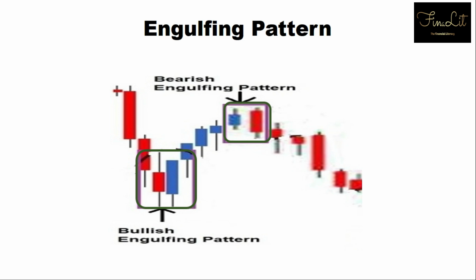The risk-averse trader will initiate the trade the day after P2, after confirming the day forms a red candle. The highest high of P1 and P2 forms the stop loss for a bearish engulfing pattern.